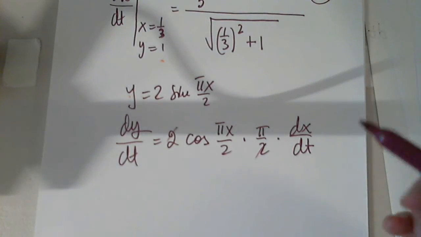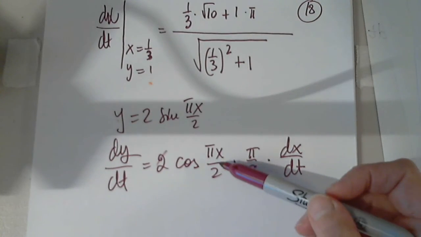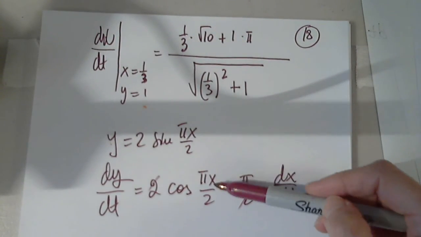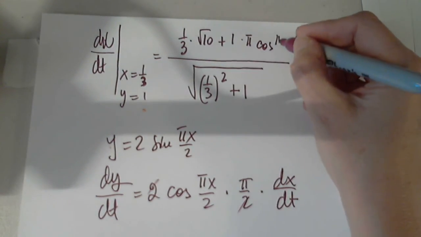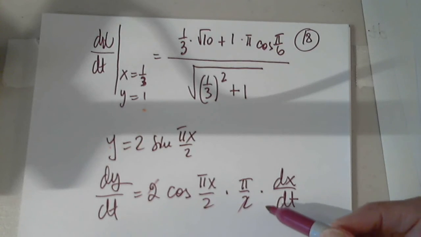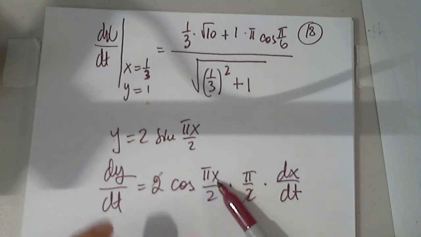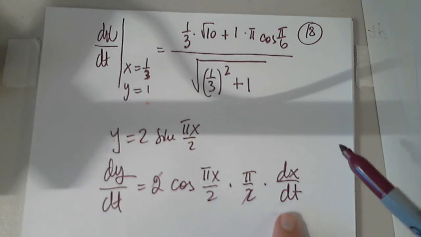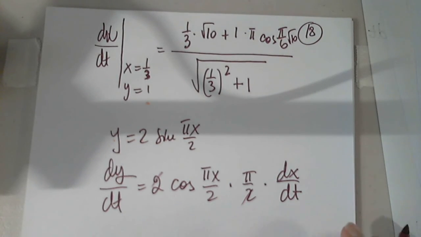These two will go away. So now I have pi cosine, x is 1/3, so this is cosine pi over 6, and dx over dt is the square root of 10. Sorry that I had to squeeze it in there.